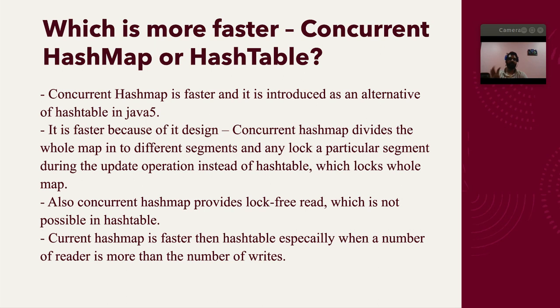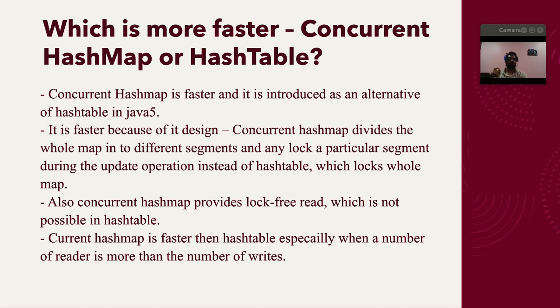So here the lock will not be on the whole object, like in a Hashtable. In Hashtable, the lock is on the particular Hashtable object, but in ConcurrentHashMap, the lock is on the particular segment or bucket. It means that we can do update operations concurrently in a ConcurrentHashMap. In Hashtable, multiple threads cannot operate at one time because a lock will be there, so the performance goes down.